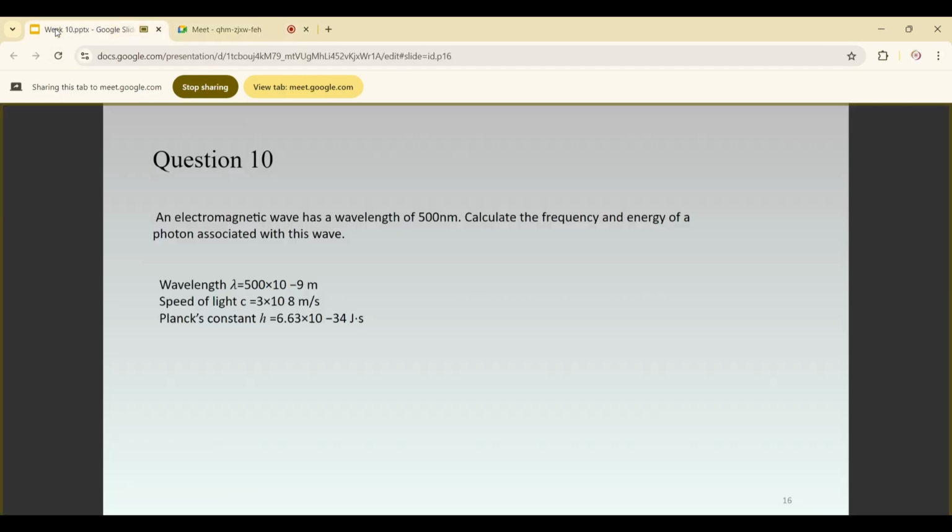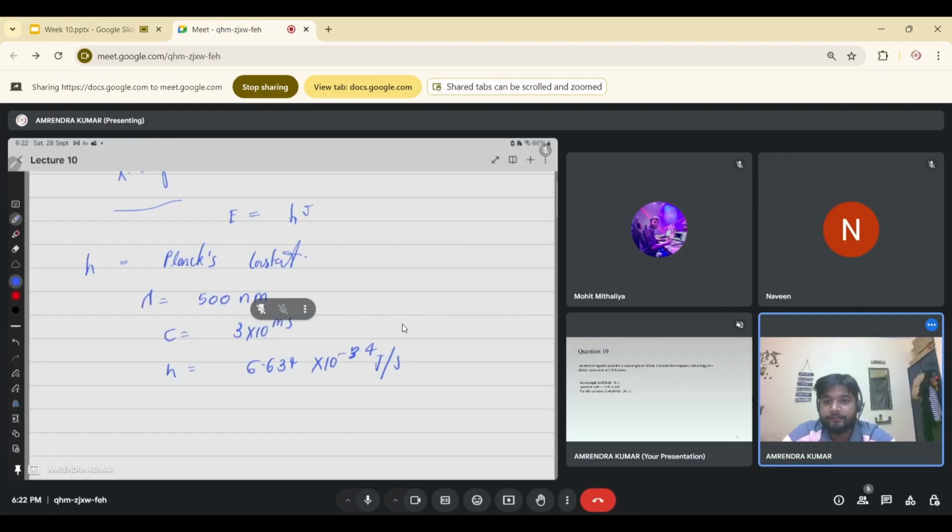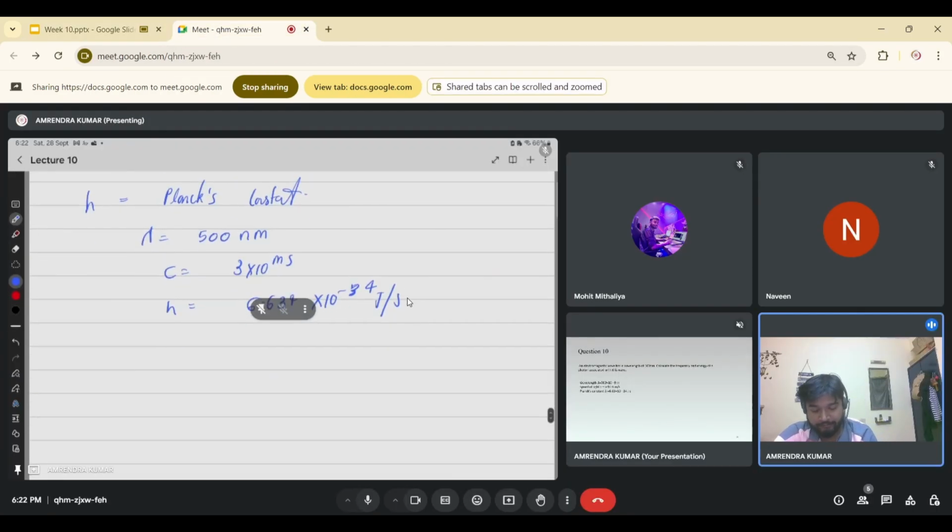If we have a wavelength of 500 nanometer, meaning lambda is 500 nanometer, then calculate the frequency and energy of the photon associated with this. c we know is 3 into 10 to the power 8 meter per second. h we know is 6.634 into 10 to the power minus 34 joule second.